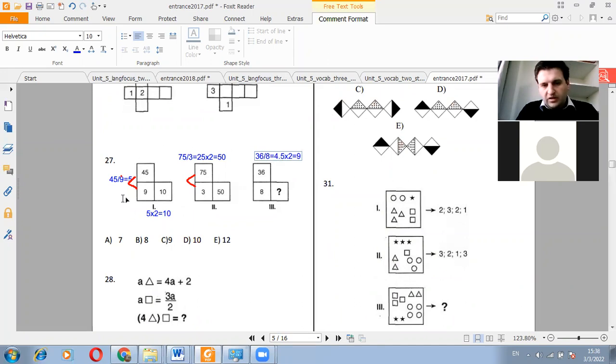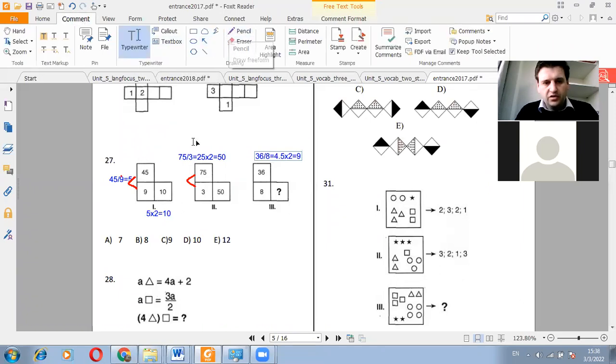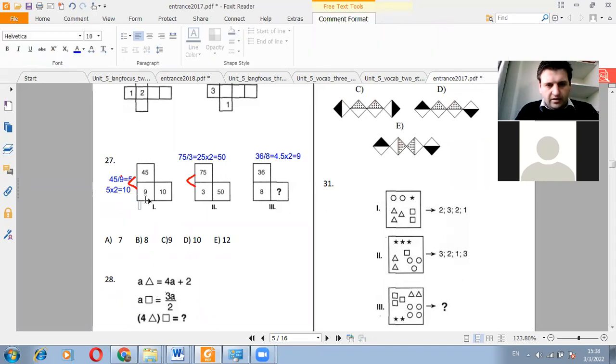So I told you this is the first way, division. Or you can do it by multiplication. How? You multiply the bottom numbers. 9 times 10 equals 90.